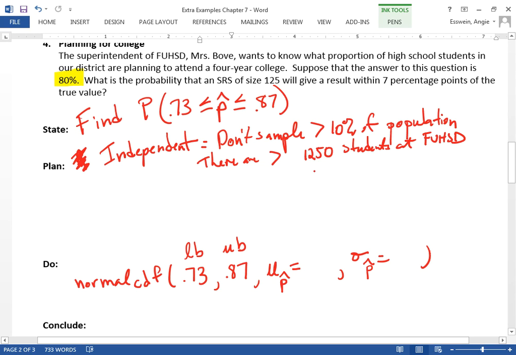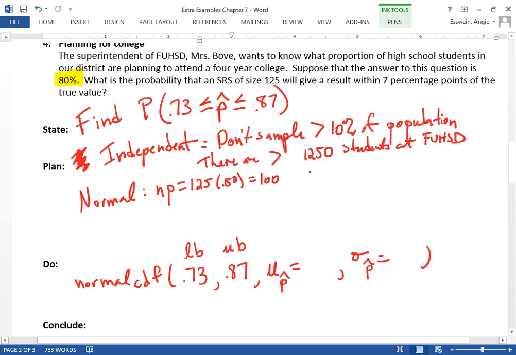Checking the independent condition is a little weird here because we're not grabbing people. It's not like grabbing Reese's Pieces. It's a little bit different, but don't worry about that right now. For the normal condition, we do np and n(1 minus p). np equals 125 times 0.80, which is 100.